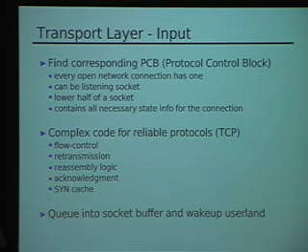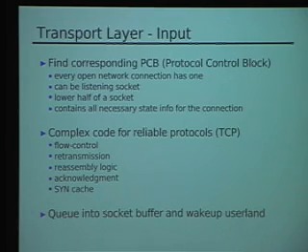And in the PCB, all information necessary for this specific connection is stored. For UDP, it's mostly the port numbers and the IP addresses, but for TCP, flow control, retransmission logic, reassembly logic, and every other piece of state information is inside this PCB. So it's quite a huge structure.